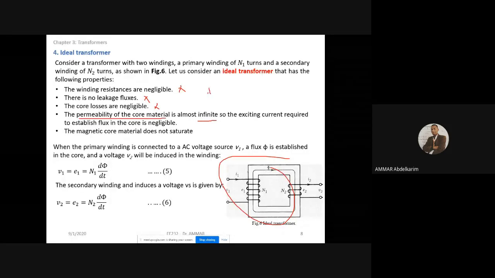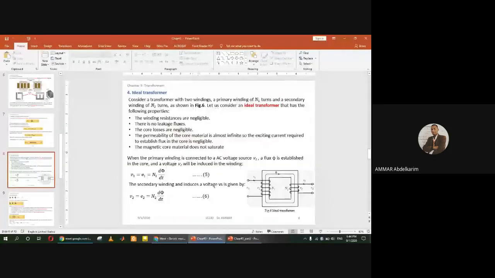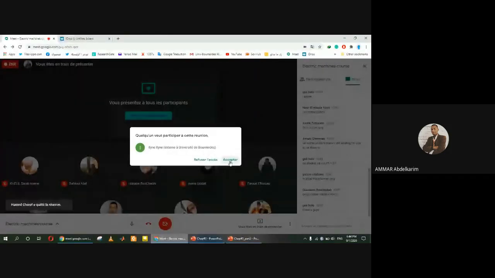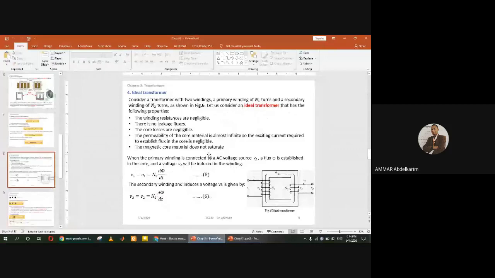We know that the reluctance equals L over mu times A. So if mu is infinite, the reluctance is equal to 0. So we don't have a reluctance in this ideal transformer because the permeability of the core has an infinite value.